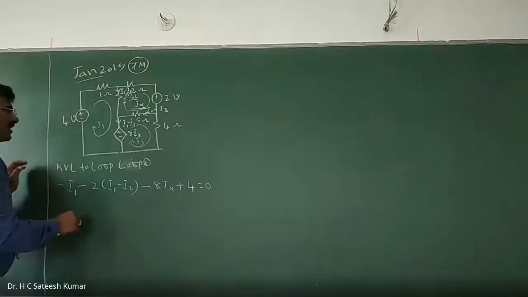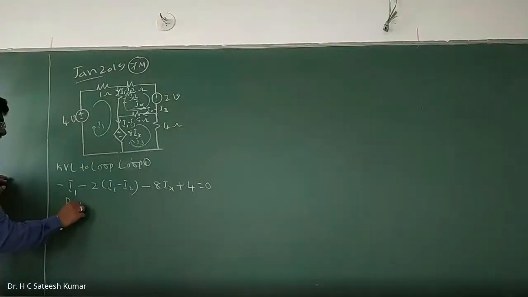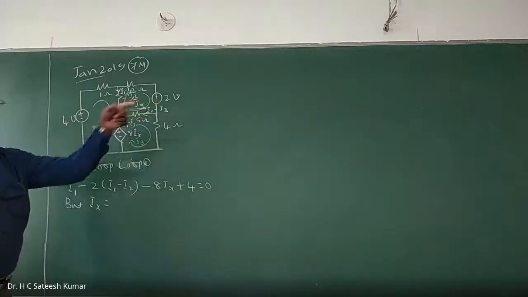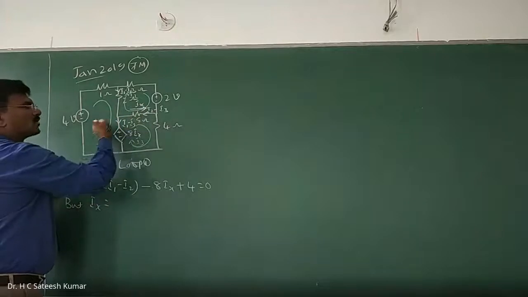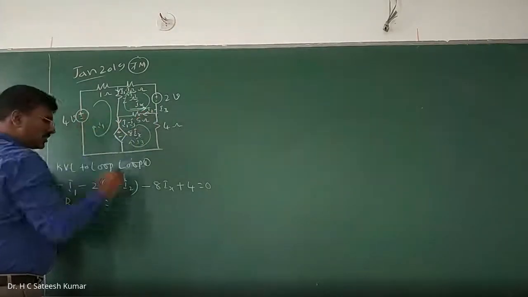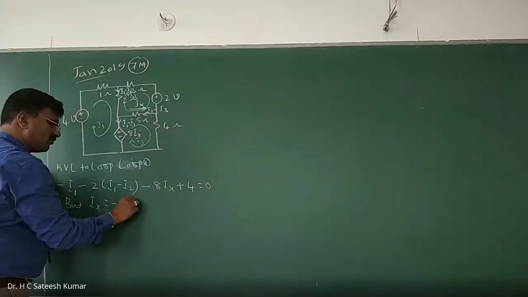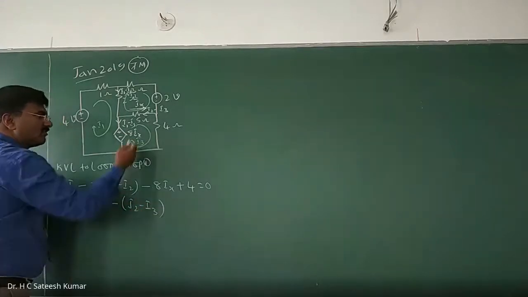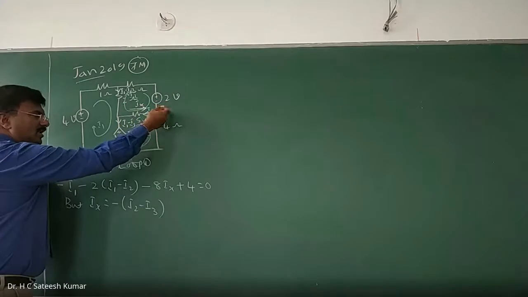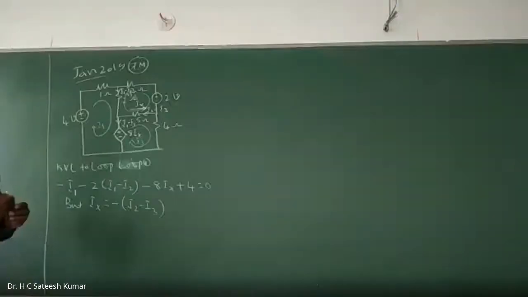But what is Ix? You should be very careful. Ix is this side current, as I have marked. Ix is nothing but the opposite direction of I2 minus I3, so Ix is minus of I2 minus I3, which is I3 minus I2. We will have to write Ix in terms of the loop currents.